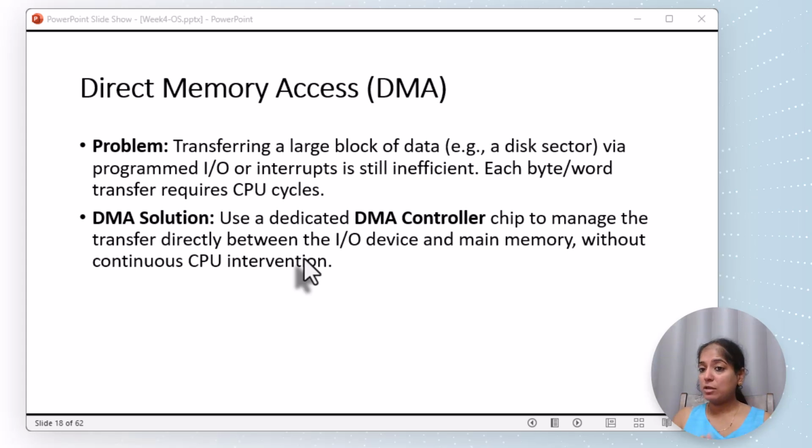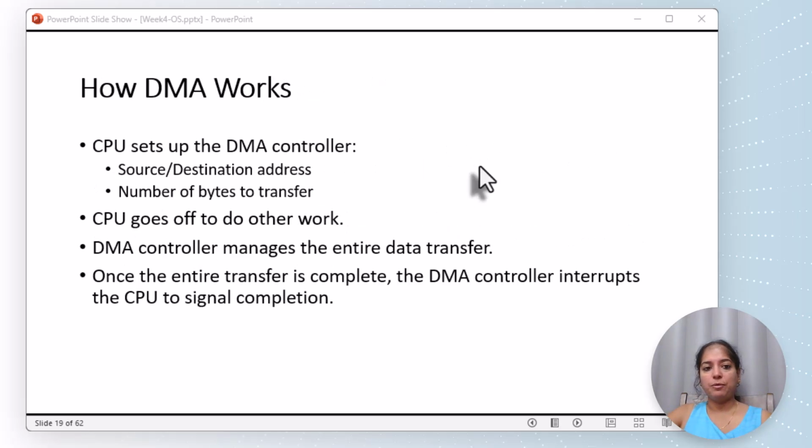It is the responsibility of the DMA, the direct memory access controller, to move the data between memory and the disk, between source and destination as defined by the CPU. So how does DMA work? First, the CPU configures the DMA controller with the source, destination and byte count, which is the size, how many bytes need to be transferred.